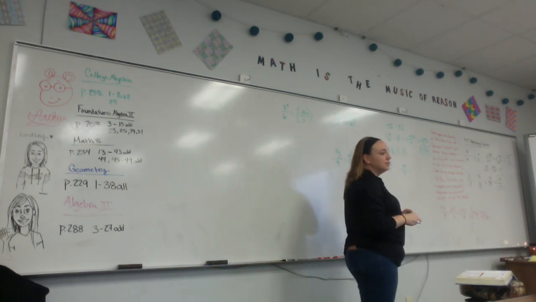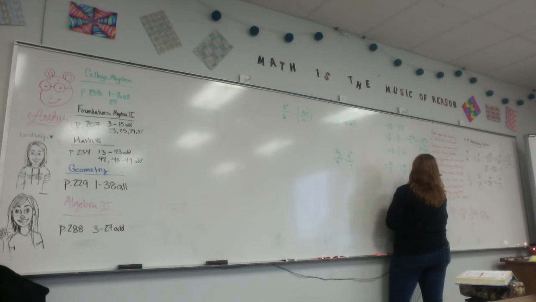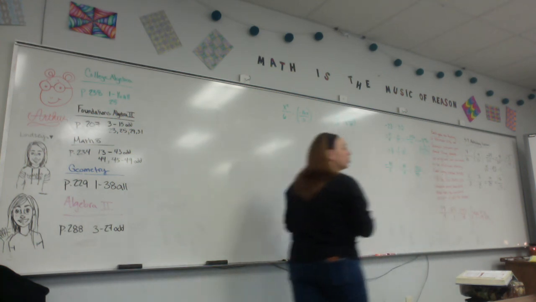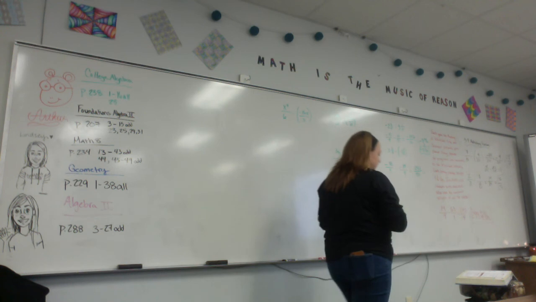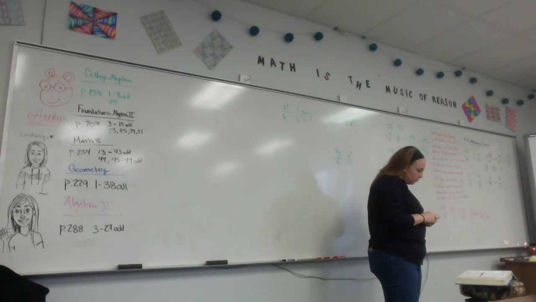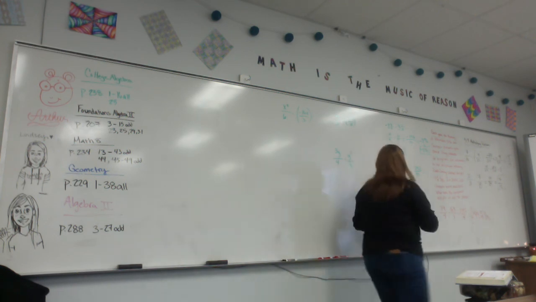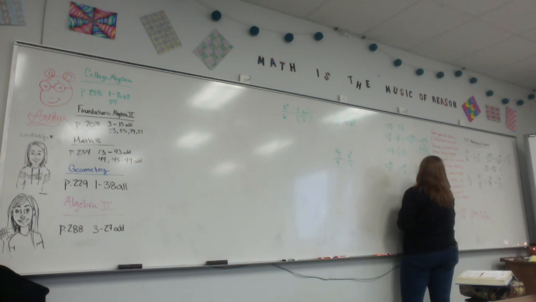What is -18 times -14? Positive 252 over 45. What does that reduce down to? You can divide both by 9. 28 over 5.